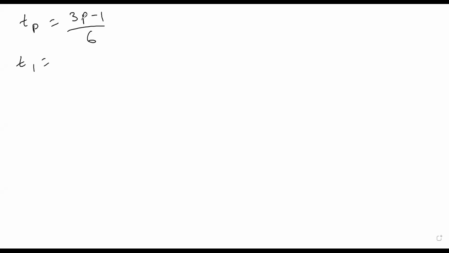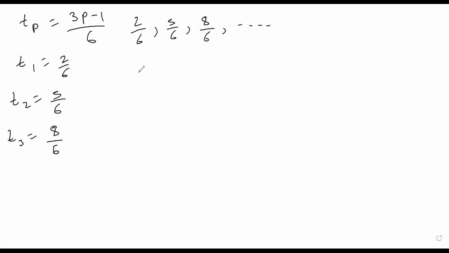T1 will be 3 minus 1, 2 by 6. T2 will be 5 by 6. T3 will be 8 by 6. And so on. So 2 by 6, 5 by 6, 8 by 6, and so on.